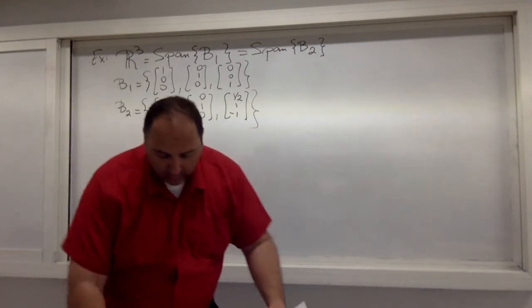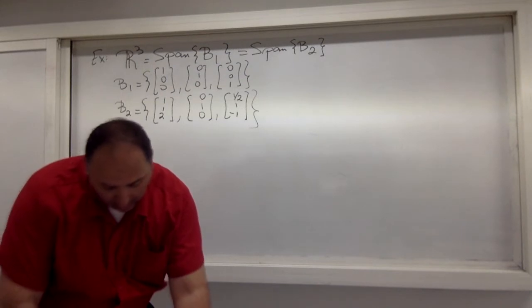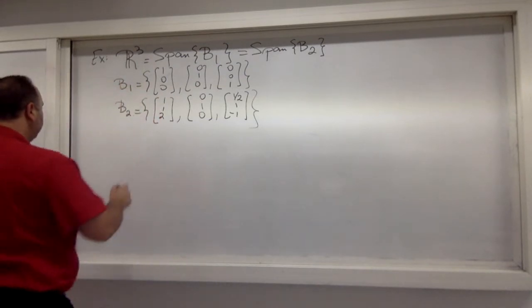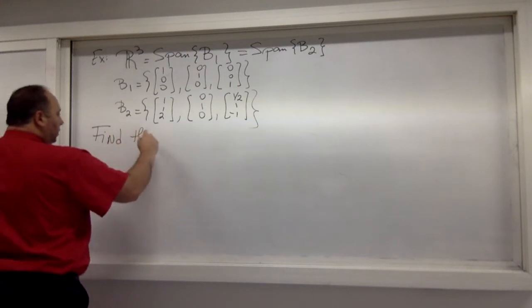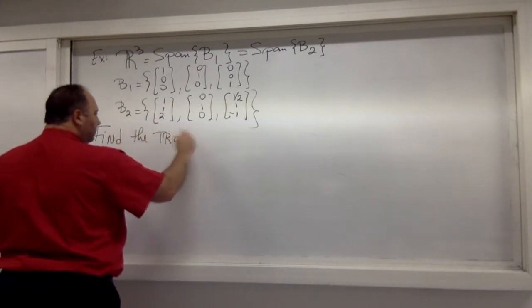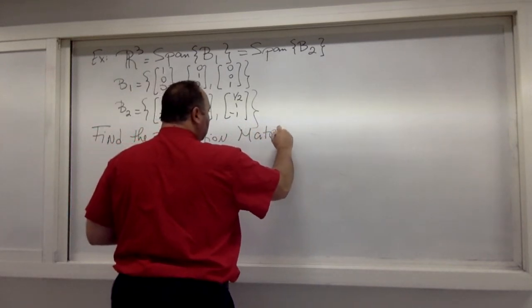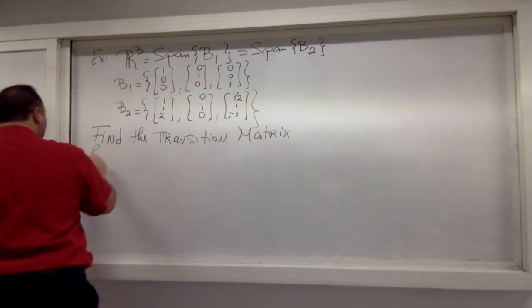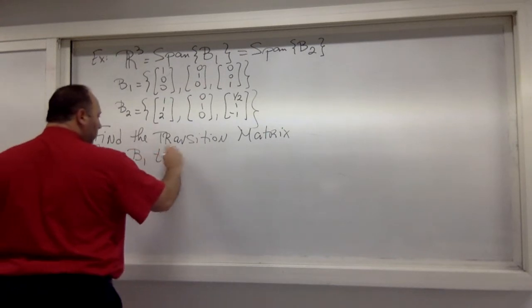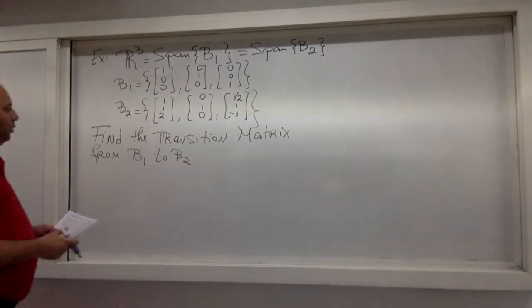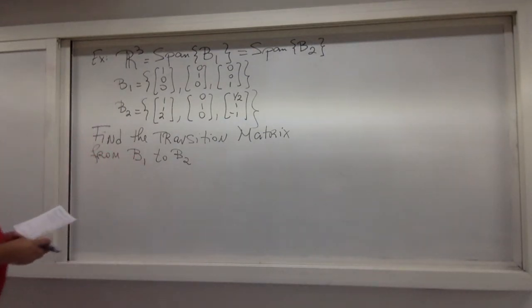So if I want to find the transition matrix from B1 to B2, what do we do? Big deal, just solve the system.